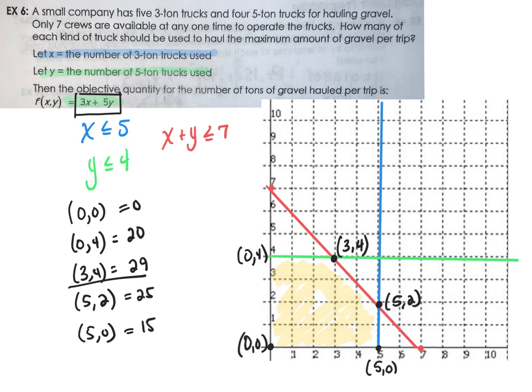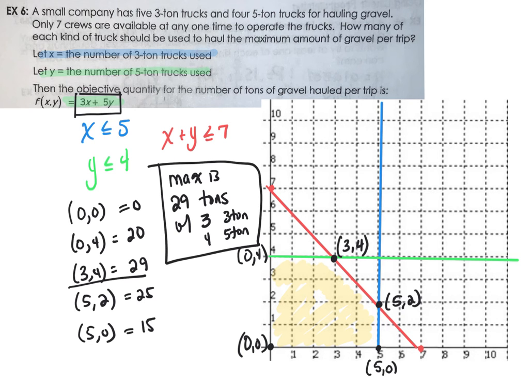So how do I write that? Well, we have a max is 29 tons, because that's what we were solving for, and it happens with how many of each? 3 of my 3 ton and 4 of my 5 ton. That is my answer.